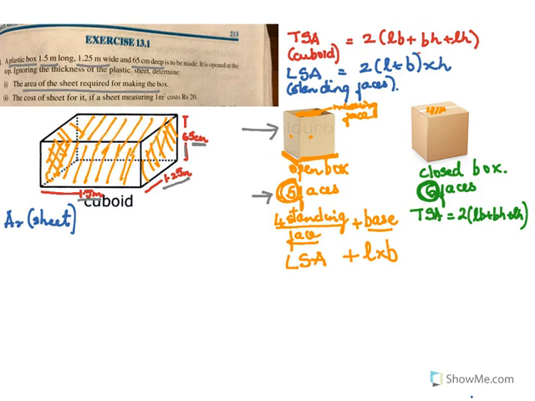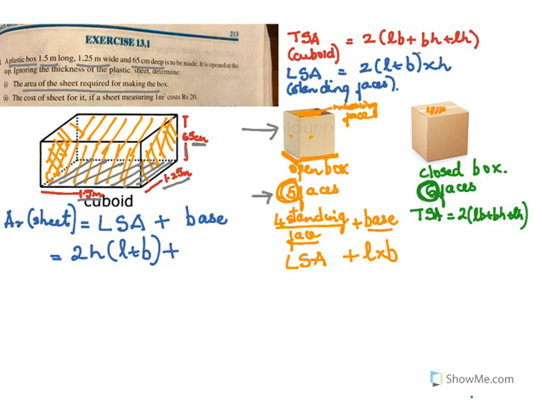These are the 4 standing surfaces, plus you will have 1 at the bottom, that is the length and the breadth, this surface. So 5 surfaces. So we'll have, like we said, the LSA, 4 standing surfaces, plus the base, that is the bottom. Now the formula for the LSA we know is 2 × height × (length + breadth), and the base is length into breadth.